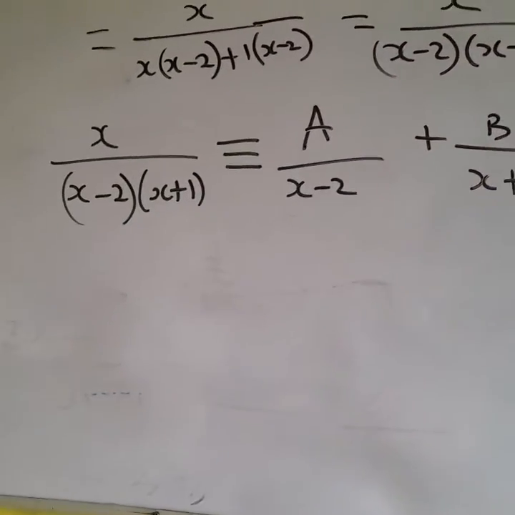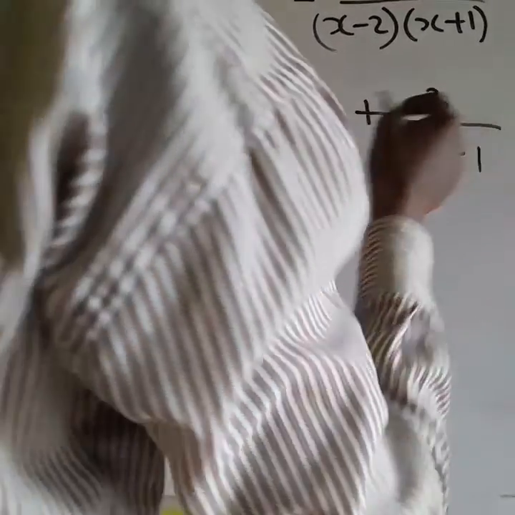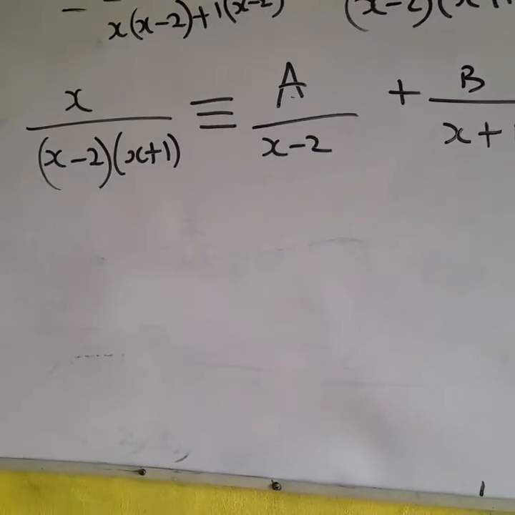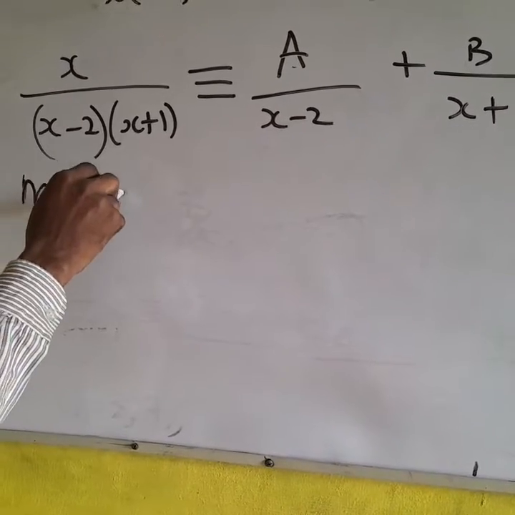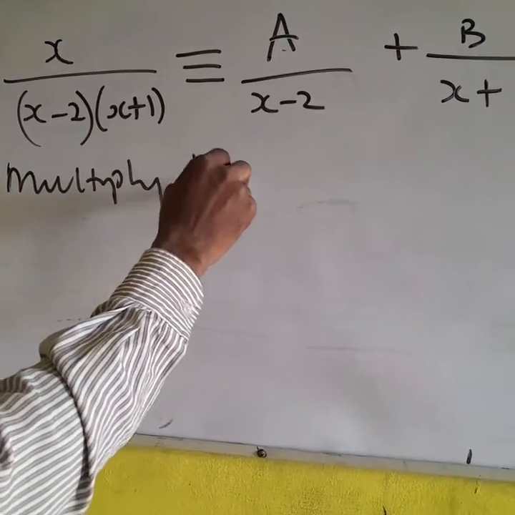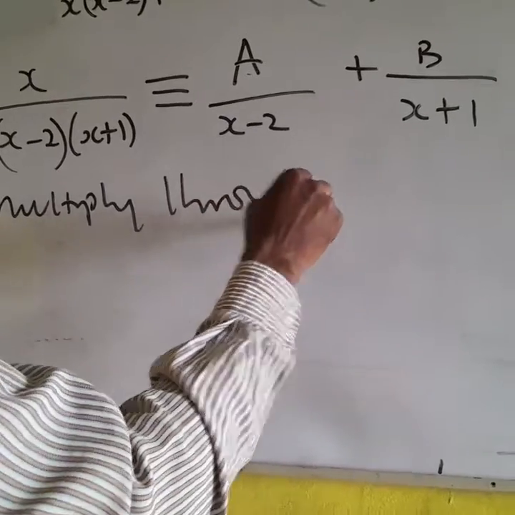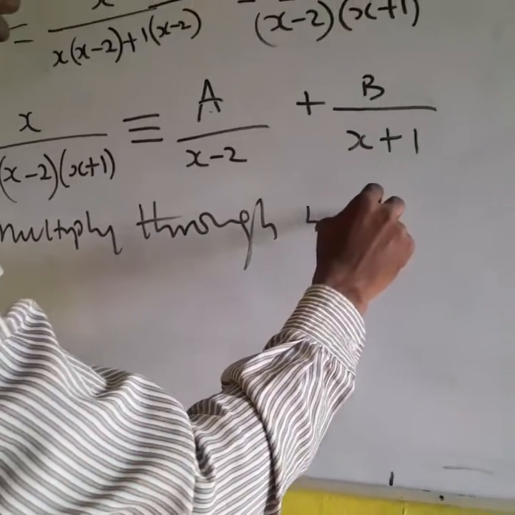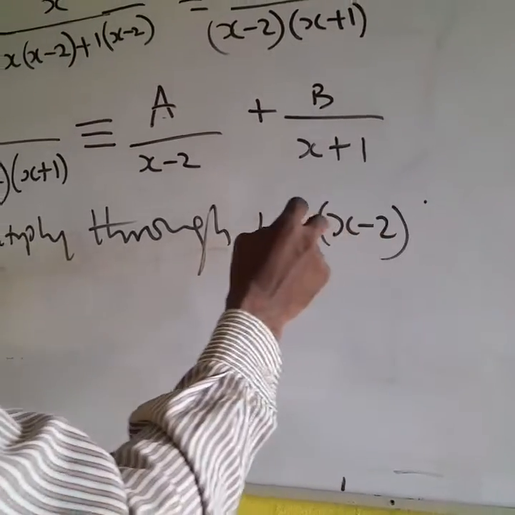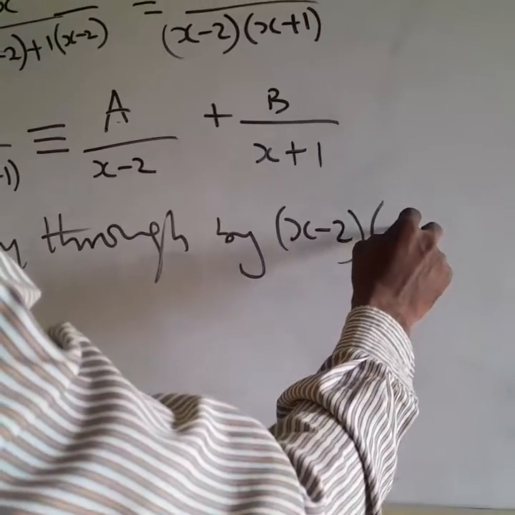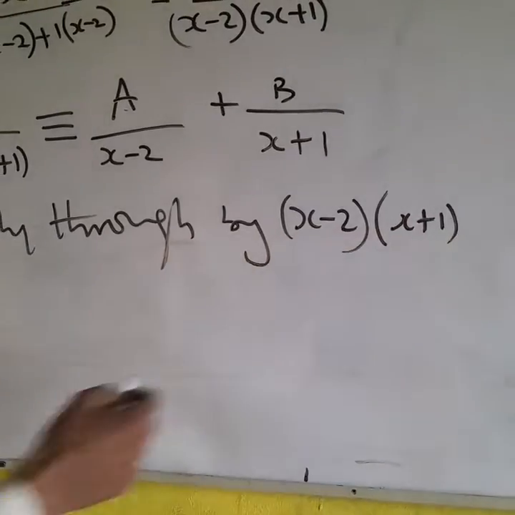So now we want to find the value of a and the value of b. What do we do? So multiply through by x minus 2 into x plus 1.